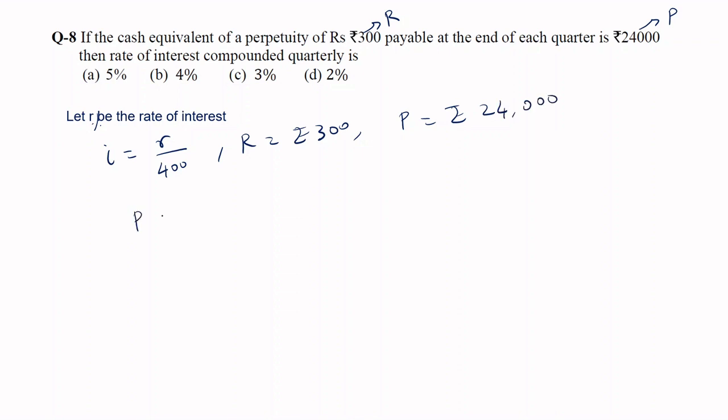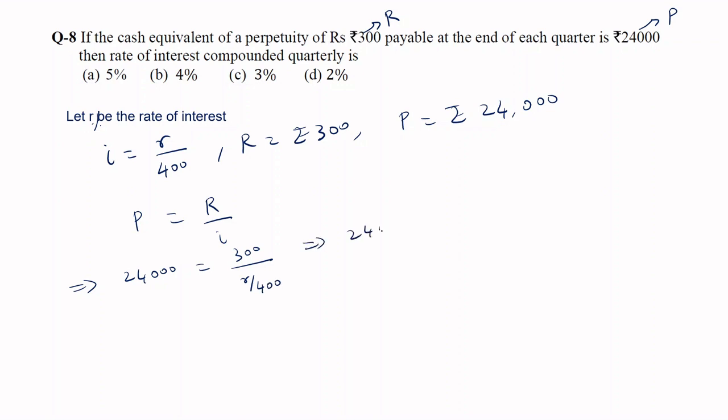Now we know that the present value of perpetuity is given by the formula R by I. So from this we can see that 24,000 equals 300 upon R by 400.